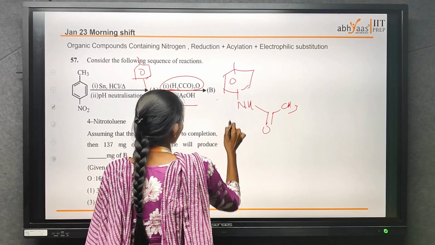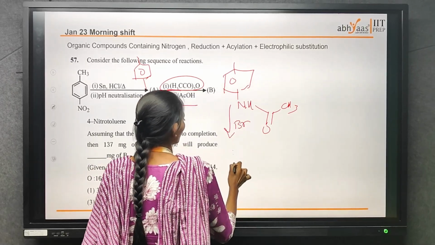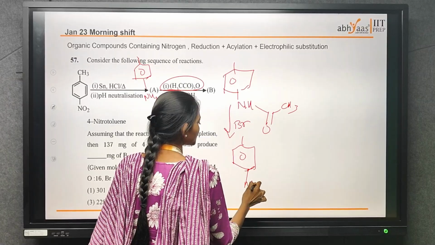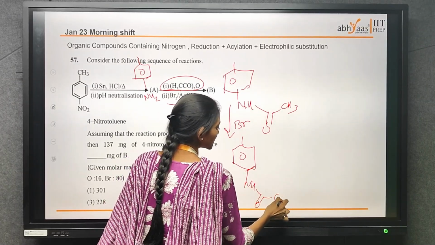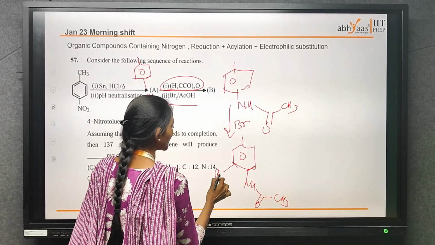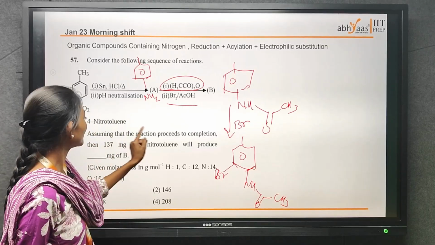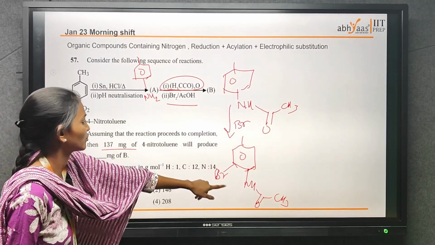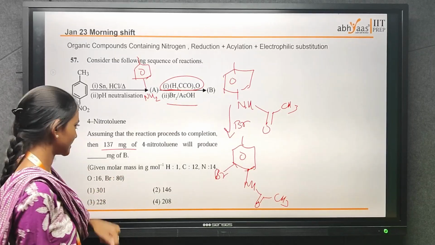Again doing bromination. Upon doing bromination, bromine is going to attack here, right? NH acylation, CH3, this is your bromine, right? Assuming that the reaction proceeds to completion, 137 milligrams of 4-nitrotoluene will produce. They are asking the percentage, right?